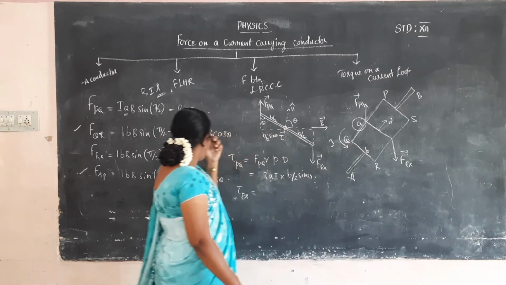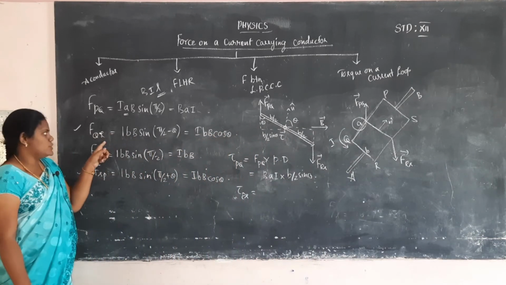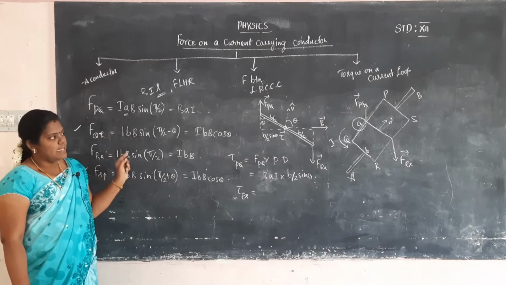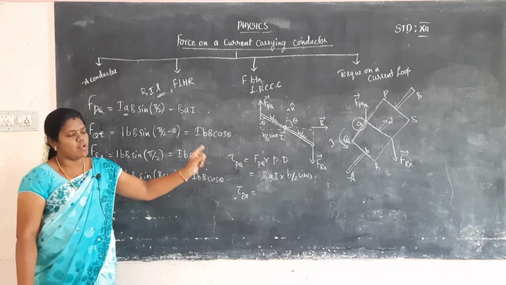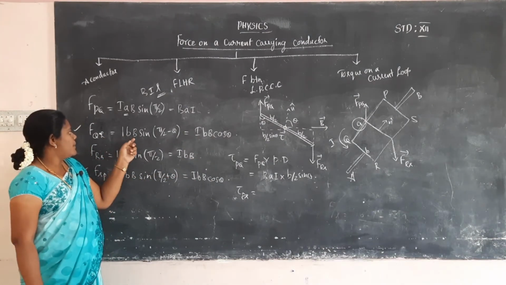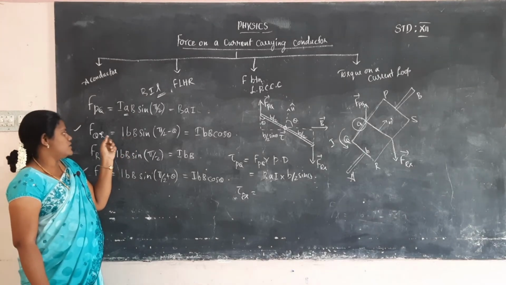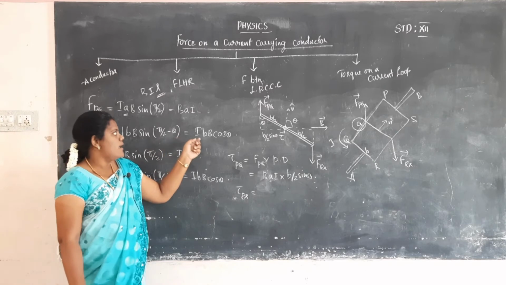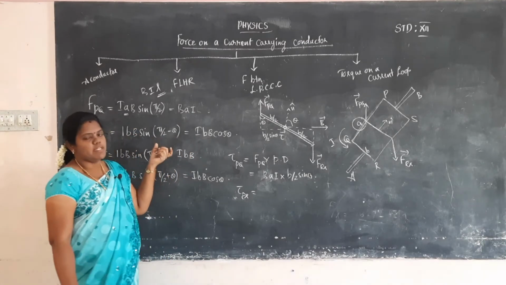So the force on the QR arm is BIL, where L is the length of the QR arm, which is b. So BIb sin(pi by 2 minus theta), that is BIb sin(90 minus theta).